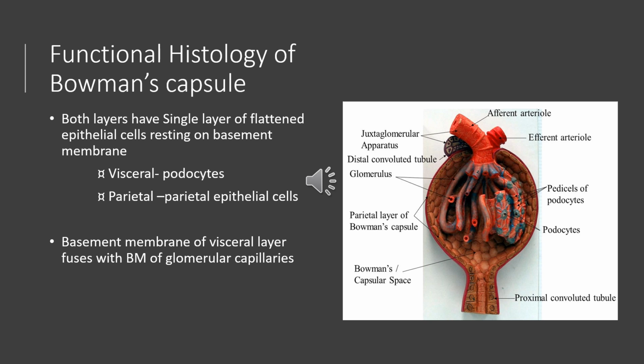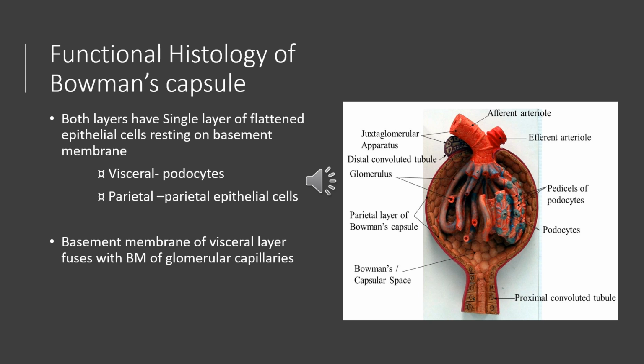The parietal layer of Bowman's capsule is formed by parietal epithelial cells, and the visceral layer is formed of the cells called podocytes that are having feet-like cytoplasmic extensions called pedicles. And these pedicles are arranged in an interdigitating manner, having a small space in between.